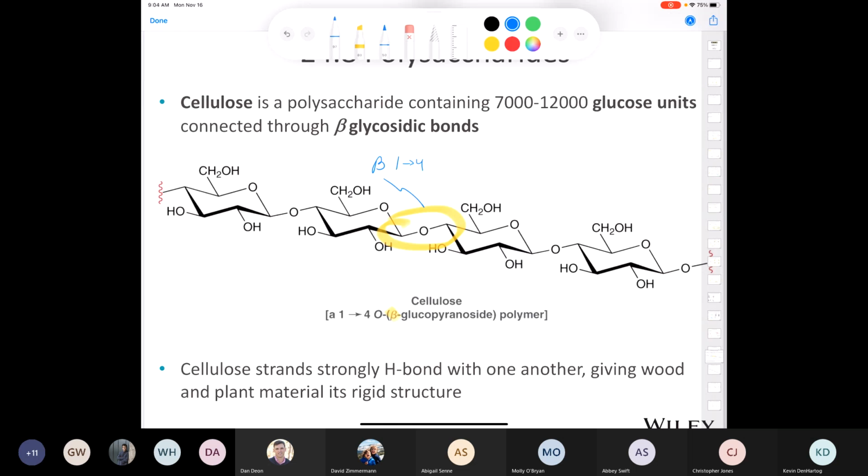The cellulose strands strongly hydrogen bond with one another, giving wood and plant materials their rigid structure. If you draw out a bunch of cellulose units, you can see how they have a linear form, and it enables them to hydrogen bond really strongly with one another. Cellulose can be spun into fibers.